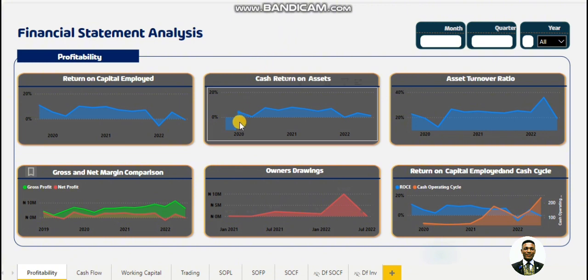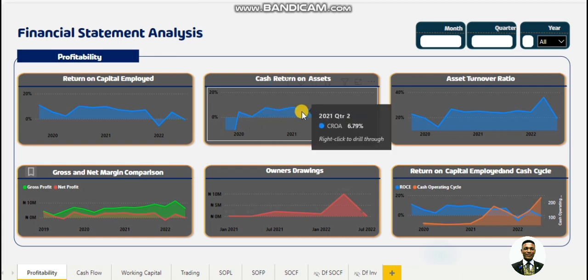We see in the first year, from the fourth quarter of 2019, it was negative, meaning that enough cash could not be generated in the first year. That's the last quarter of the first year, 2019. But then gradually in 2021 first quarter, it peaked to 4%, declined in the second quarter, and then peaked again.